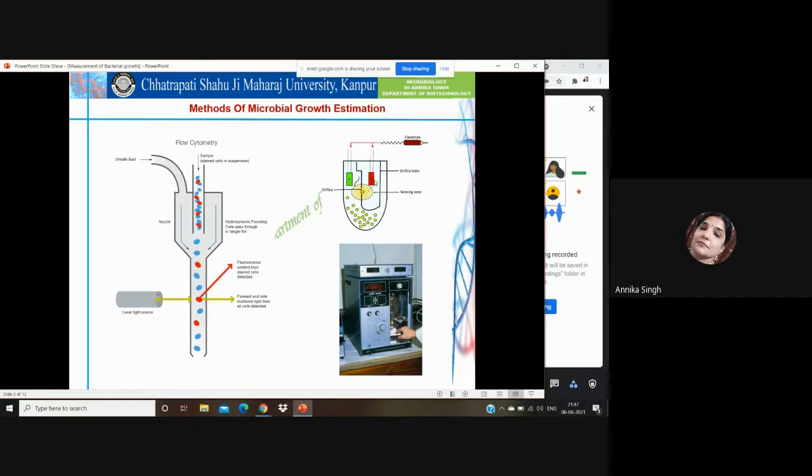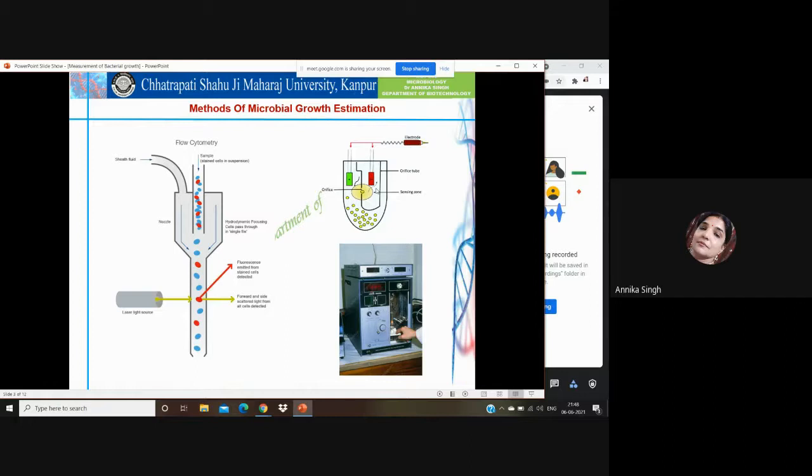The Coulter counter has two electrodes, positive and negative, and when voltage is applied, current flows through the electrodes. When a cell passes through this hole, it resists the flow of the current, and this resistance can be measured, and it is the direct measurement of the cell number.